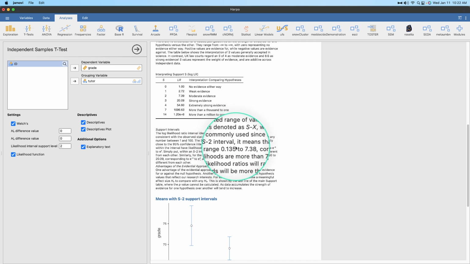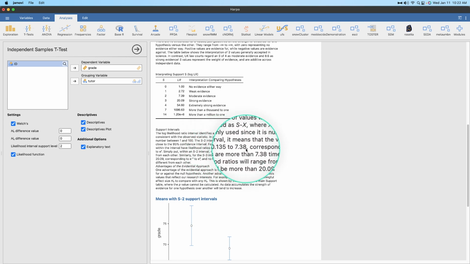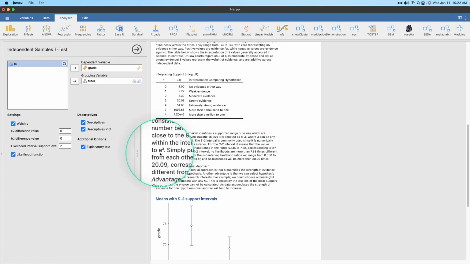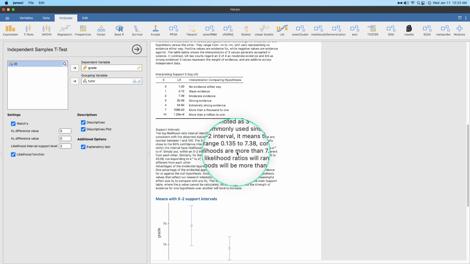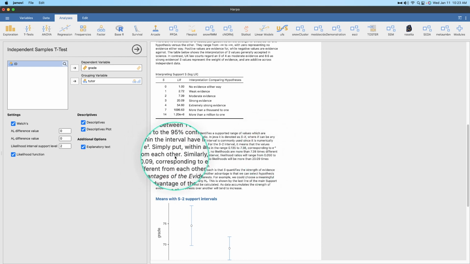For the S minus 2 interval, it means that the values within the interval have likelihood ratios in the range of 0.135 to 7.38, corresponding to e to the negative 2 power and to e squared, or to the second power. Simply put, within an S minus 2 interval, no likelihoods are more than 7.38 times different from each other.